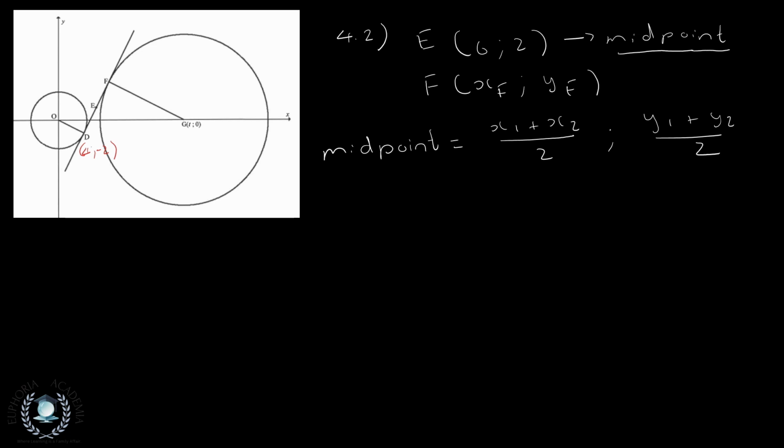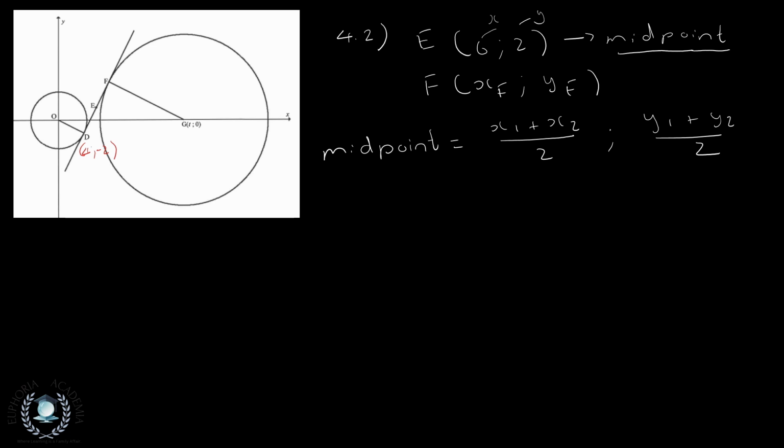So we're meant to find the x coordinate of F and the y coordinate of F. Now, we can basically just separate these things. We're told that E is the midpoint, so that's the x coordinate and that's the y coordinate.